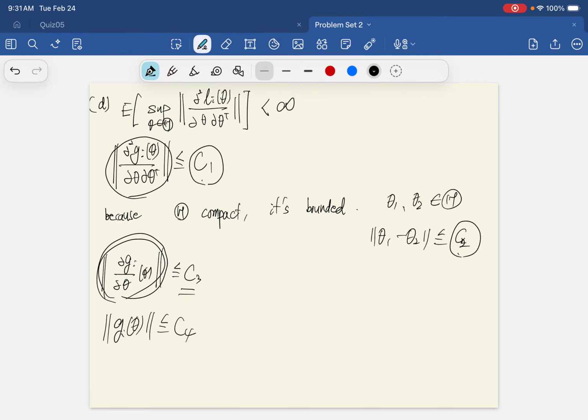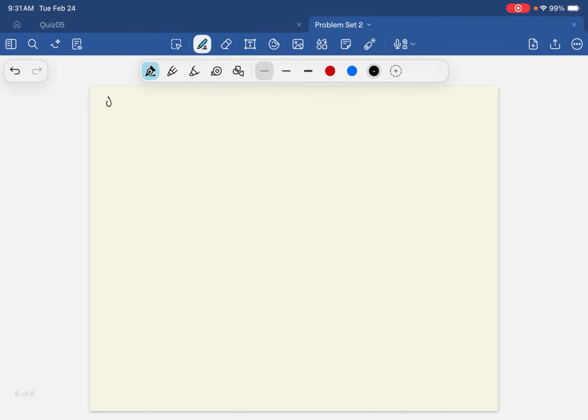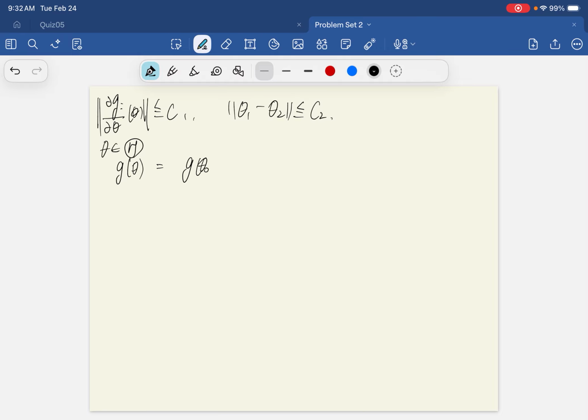Simply speaking, let me explain this in more detail. Suppose this is bounded and this is also bounded. Then for any theta in the parameter space, we may write g of theta as g of theta 0 plus the derivative at theta bar times theta minus theta 0, using linear approximation. This is a simple Taylor theorem.